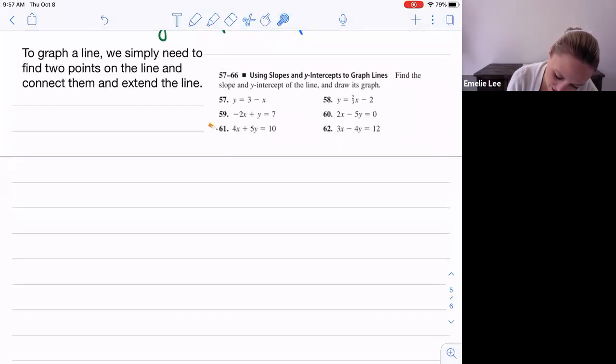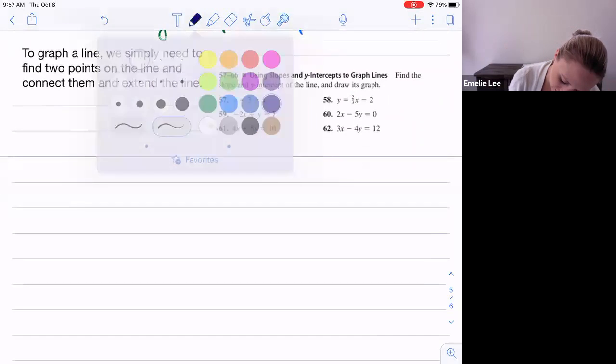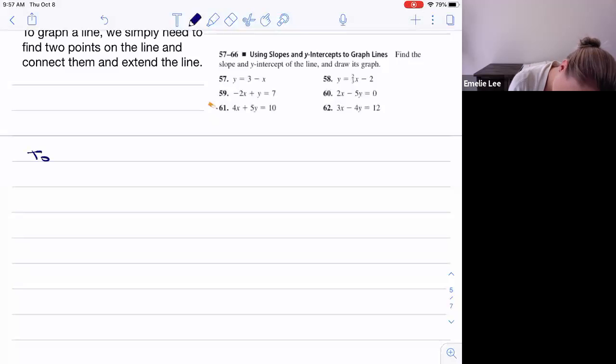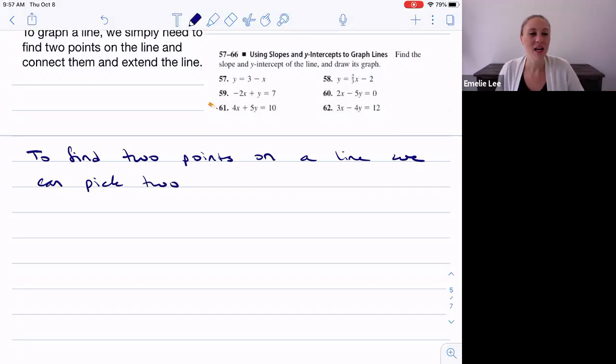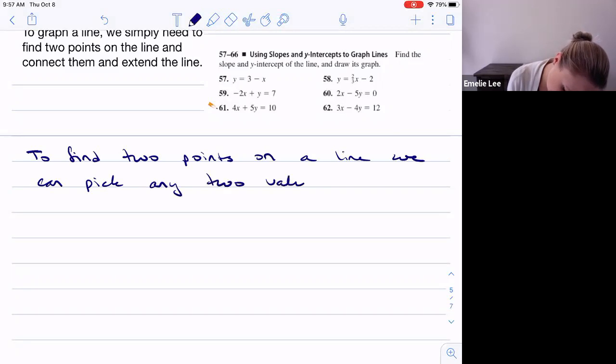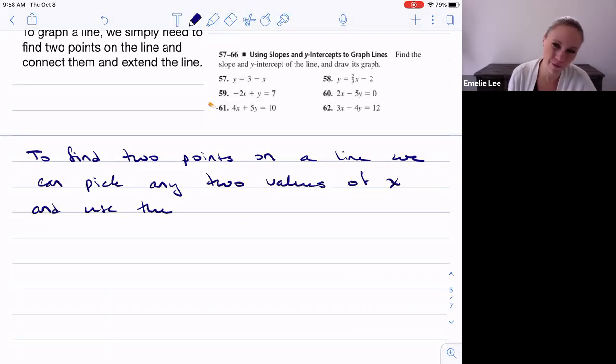So to find 2 points on the line, we can pick any 2 values of x and use the equation to solve for the y value.